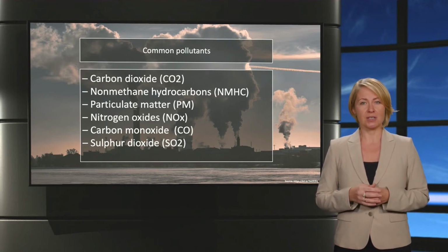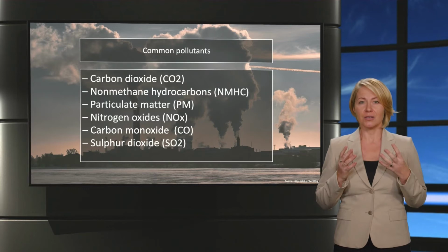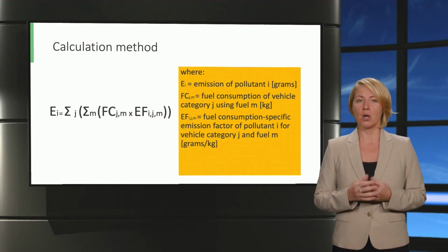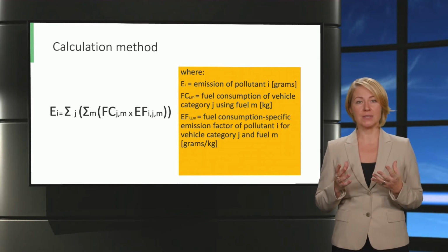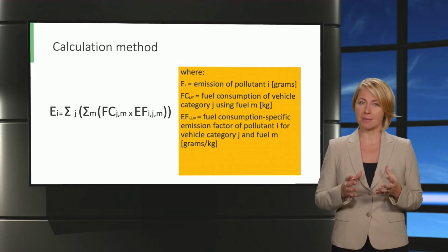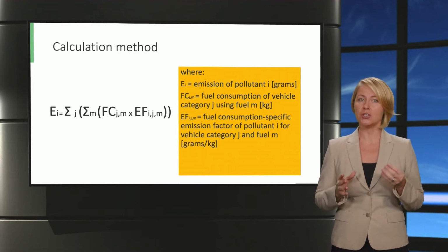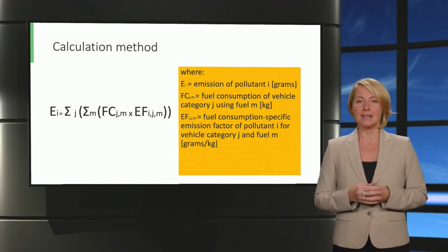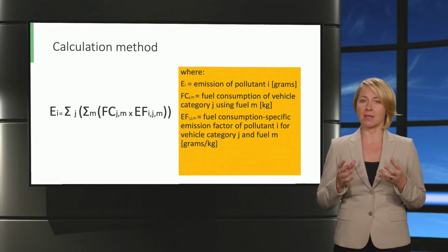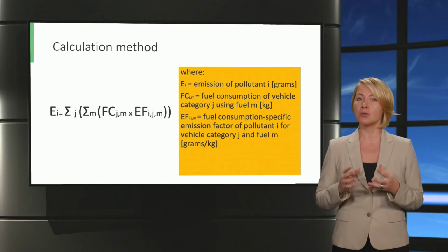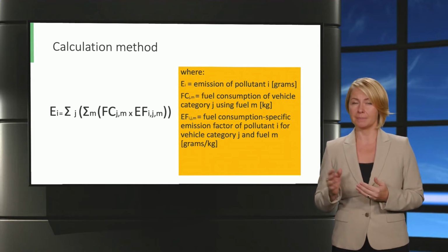To perform emission inventory, we will use the general equation that looks like here on the slide, where EI is emission of pollutant I in grams, FCJM means fuel consumption of vehicle category J using fuel M, that's usually defined in kilograms, and EFIJM is fuel consumption specific emission factor of pollutant I for vehicle category J and fuel M in grams per kilogram.